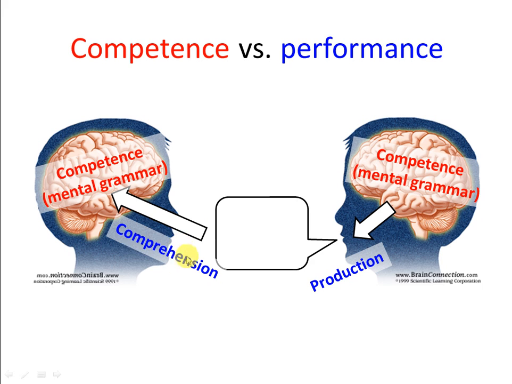And comprehension is also a kind of performance. But comprehension and production are not exactly the same as the competence. The competence is the ability inside you, and you use that ability to produce and comprehend sentences. So we should make a distinction between competence and performance. These are not the same thing.